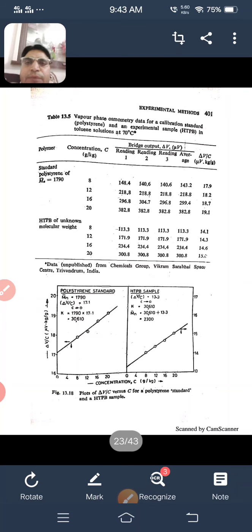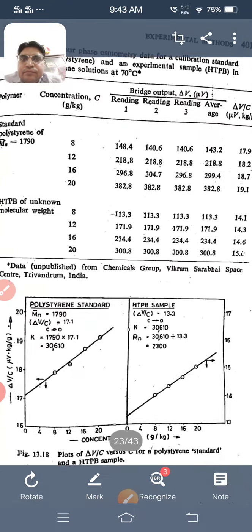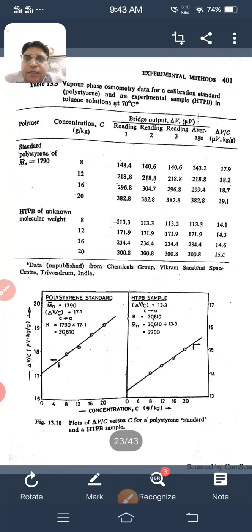Experiment now: vapor phase osmometry data for the calibration method. The polymers are polystyrene and the experimental sample HTPB. The polymer is standard polystyrene with M bar n equal to 1790, and the second is HTPB of unknown molecular weight.